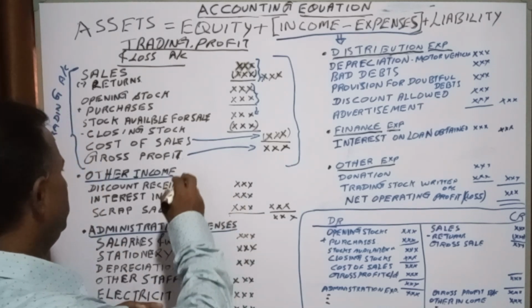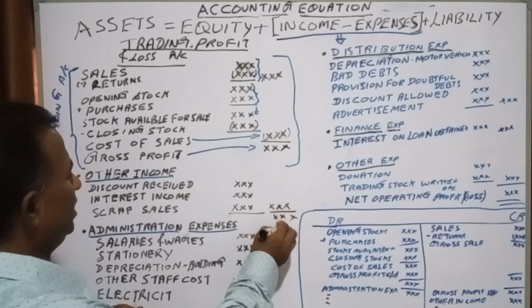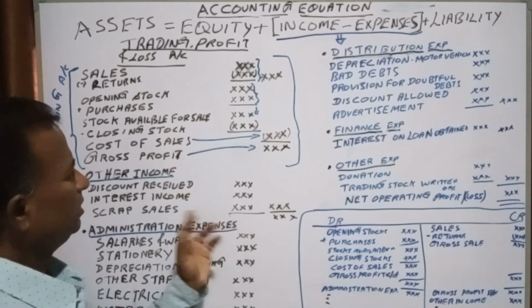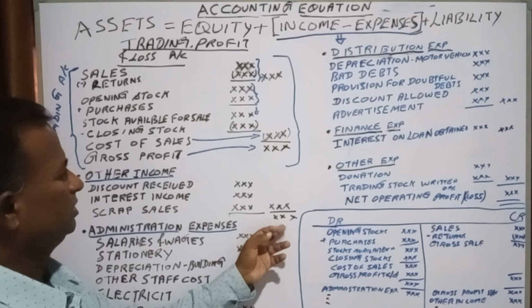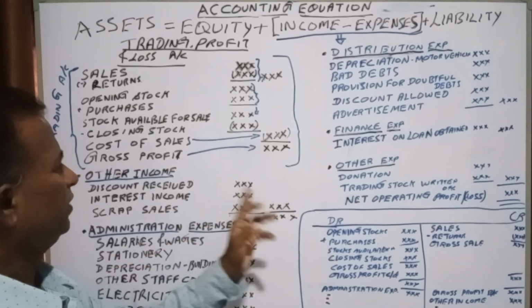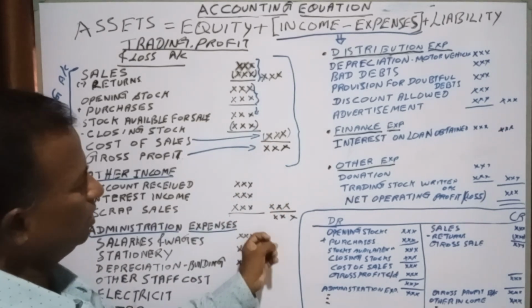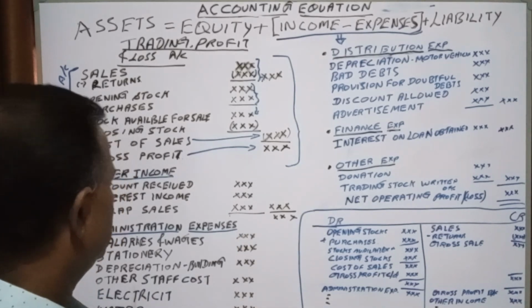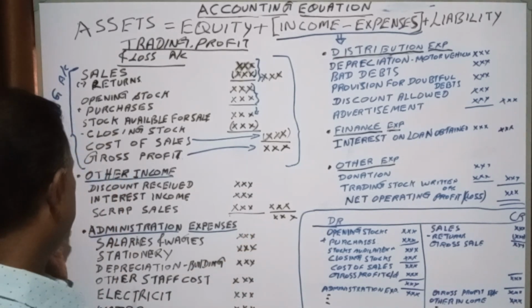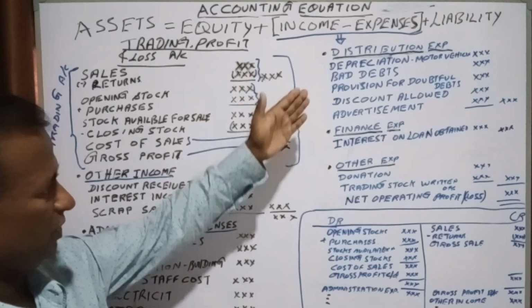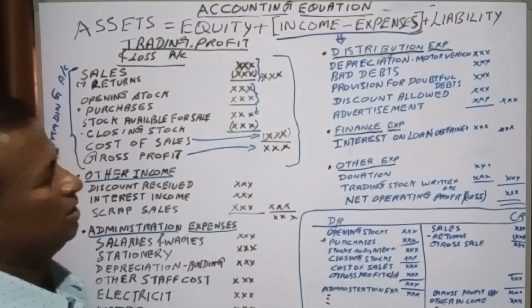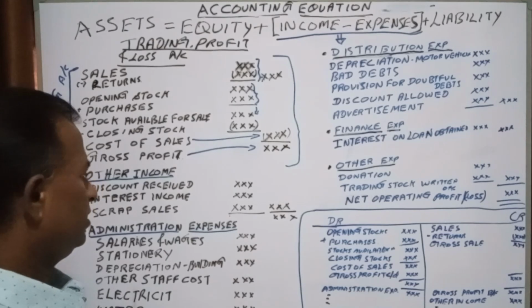So when you add this other income to the gross profit, it is called gross income. From the gross income, we are going to deduct the administration, distribution, finance expenses and other expenses.